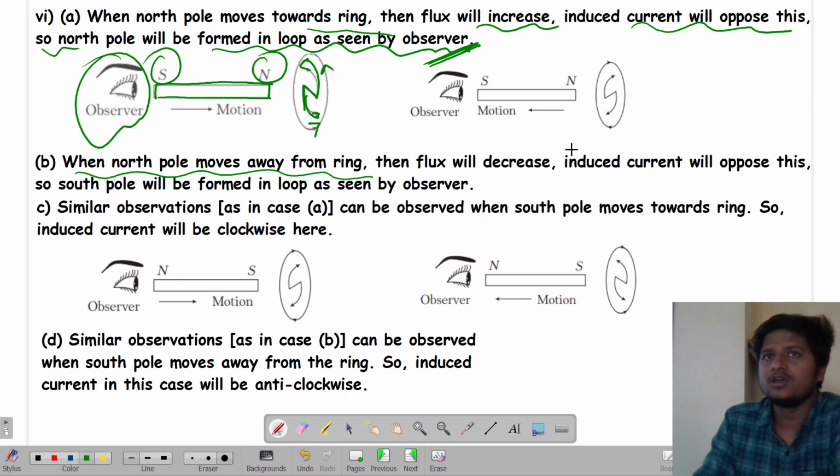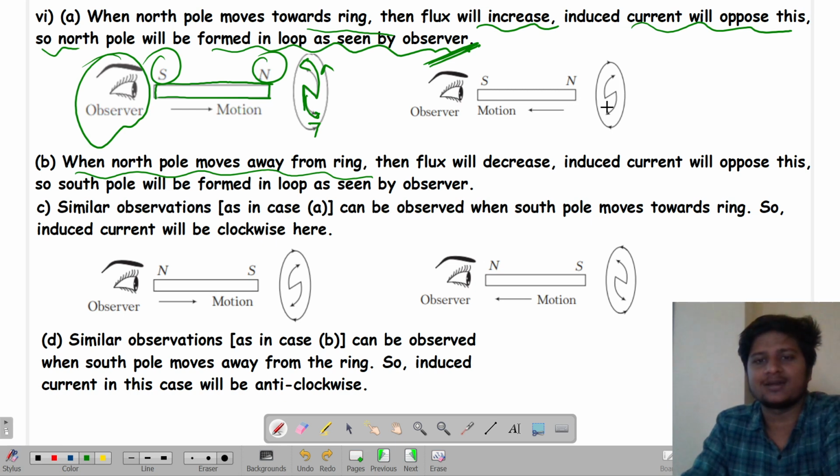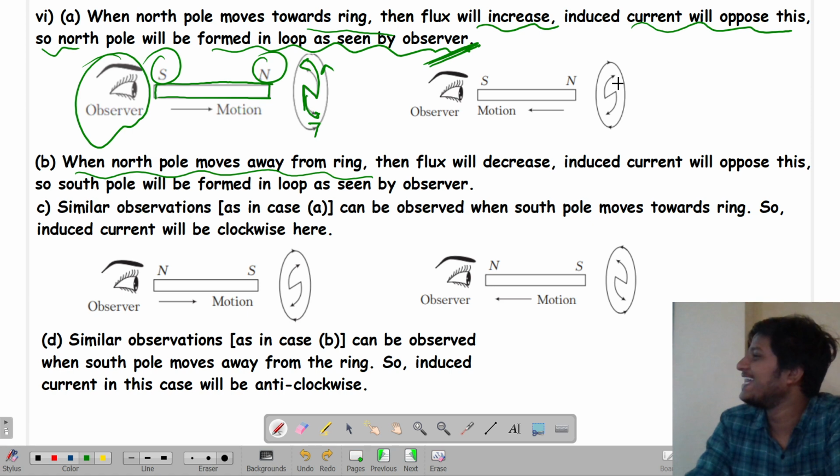So the magnetic field should be produced in a similar direction, right or not? So to attract it, how will it attract? Opposite poles attract. So which pole will be produced over here? South pole will be produced over here, so as to attract this north pole. Am I okay? Yes or no?